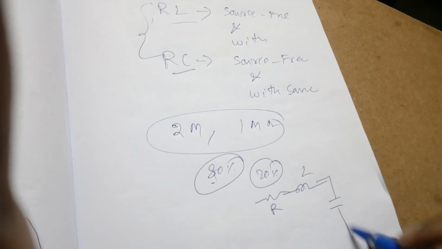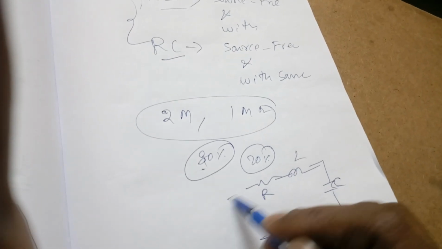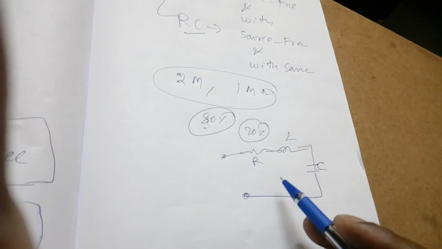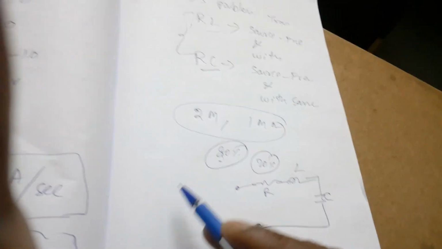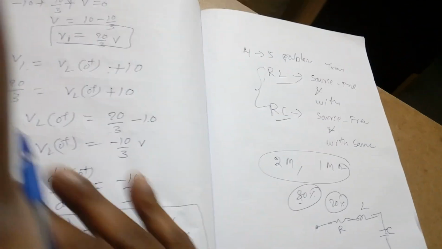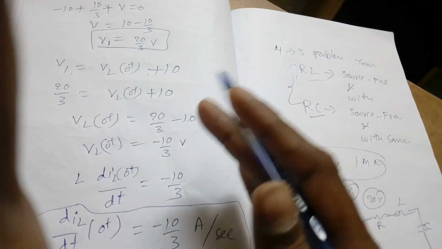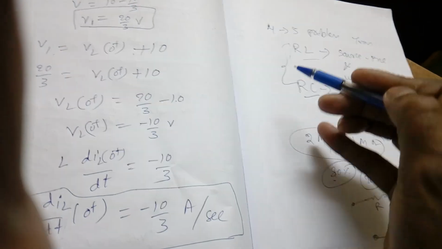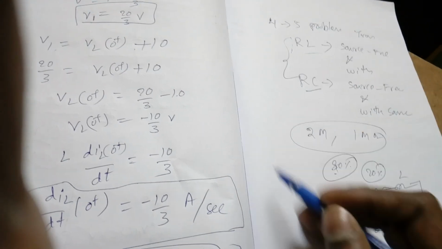RLC network is also simple, but not now, because we cannot go for new topics. I should not start a new topic, but this is very simple, that's why I started. But you have to solve 4 to 5 problems in each topic, then only you will solve them in the GATE exam.